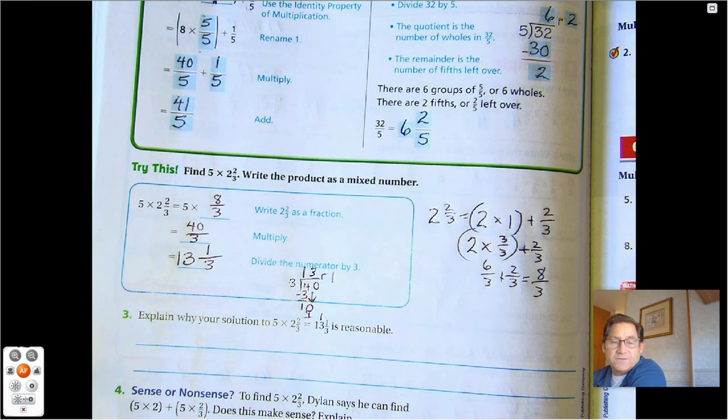Explain why your solution to 5 times 2 and 2/3 equals 13 and 1/3 is reasonable.